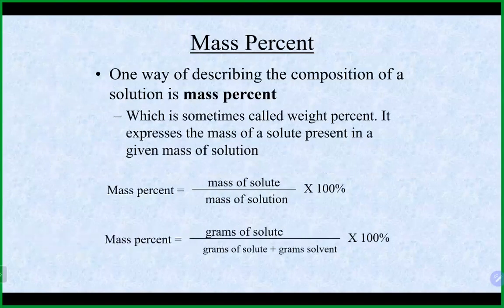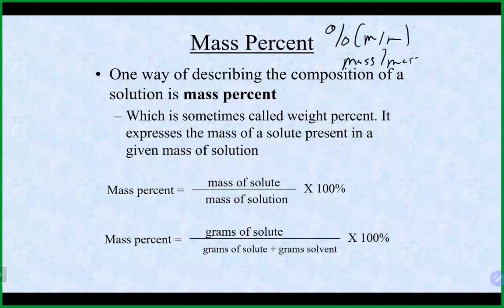All right, so let's talk a little about some concentration units that we use for solutions. The first one is the mass percent. It is also sometimes abbreviated percent M/M, for mass to mass percent. To calculate it, it is the mass of the solute over the mass of the solution times 100%.